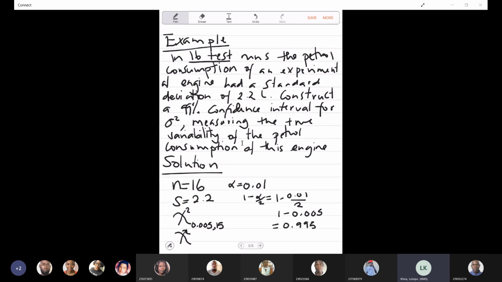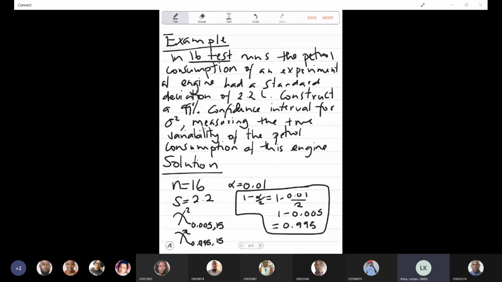Okay, so here I have 0.995, and then the degrees of freedom are still 15. So this is just the working of how we do it, but again, very basic arithmetic, nothing too complicated there.